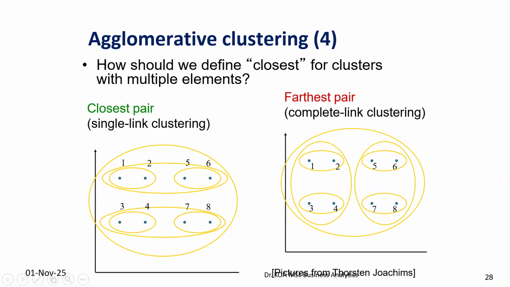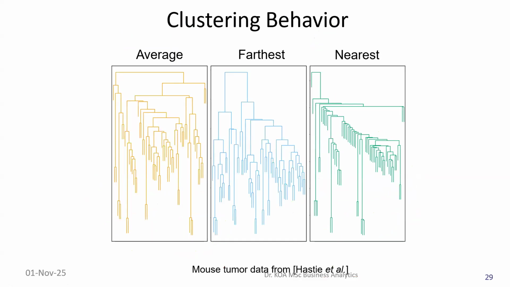Now, let's convert this into the usual clustering behavior, the agglomerative clustering behavior. Check carefully. This is from a data set by Hastie et al. If you look at the nearest clustering behavior, you will see that even though you are dealing with hierarchical clustering, there's a lot of closeness.